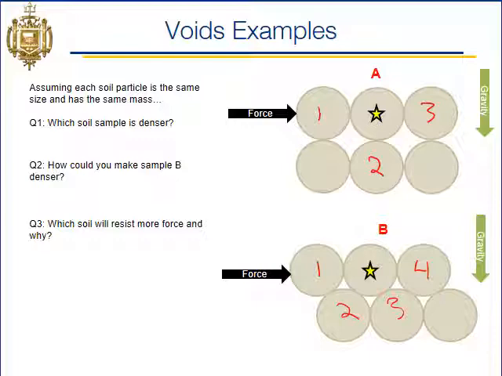It shows that in a denser soil, each particle is in contact with more particles, right? So more contact points, right? So we have more contact points for that one particle than this one. So we have more friction between the particles. So soil sample B is going to resist more force just because of friction between particles.